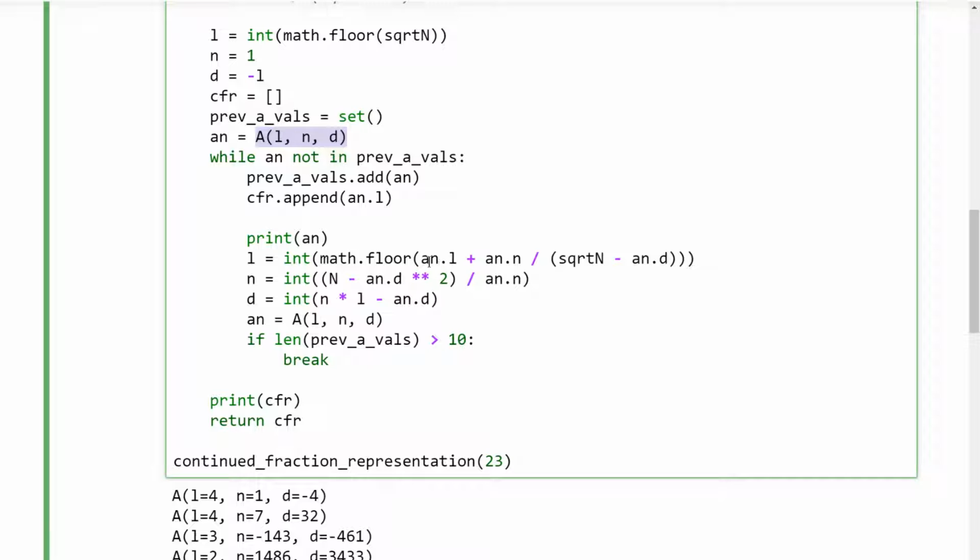Okay, so that's an.l plus n over square root of n minus d. Maybe this is an issue with the signs. So let's see. Wait a minute.